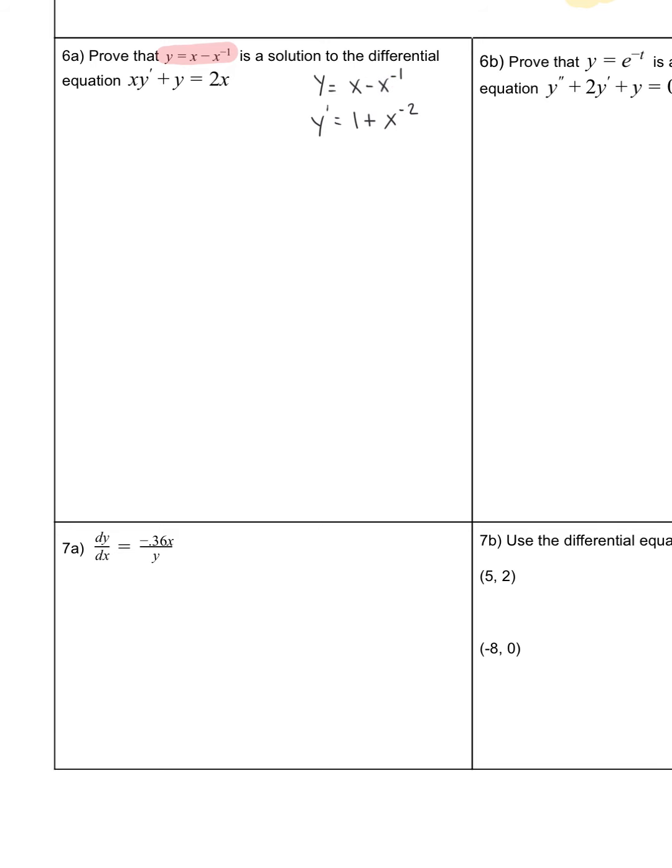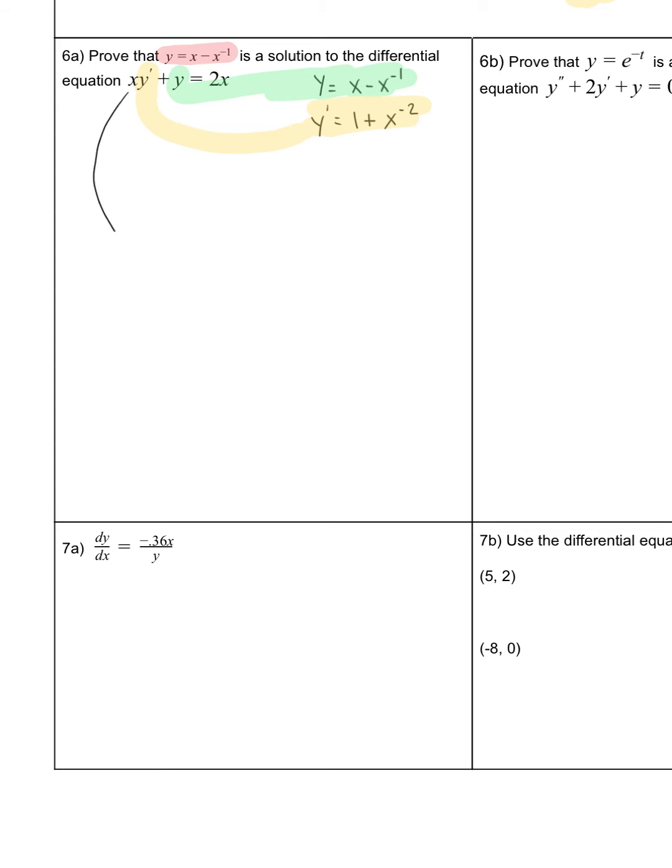Now we plug this in for y. I'm going to highlight this in green now. This is what we're going to plug in for y right here. All right, and then I'm going to use yellow. I'm going to plug in y prime right here. Okay, so now let's try it.